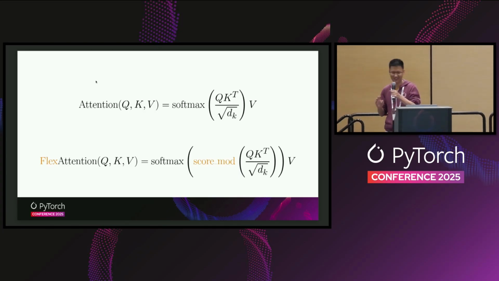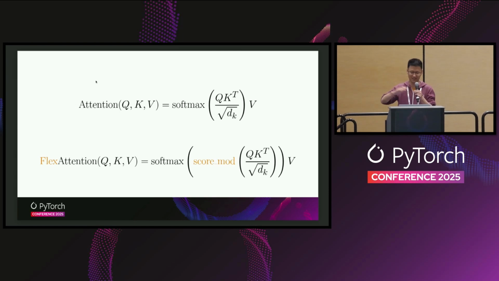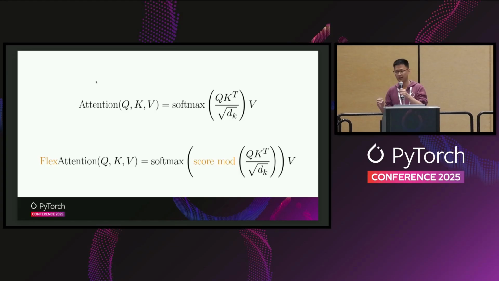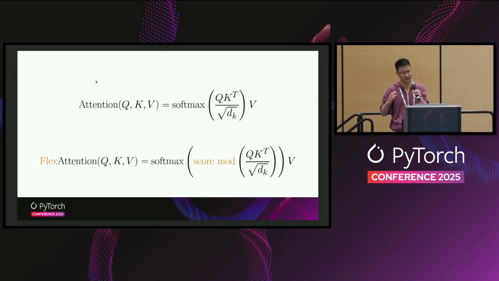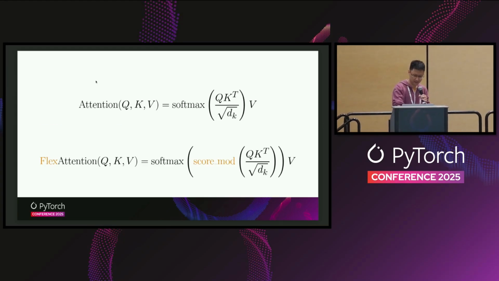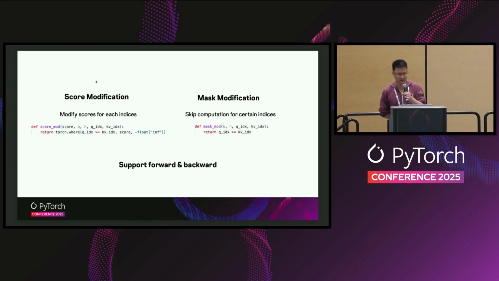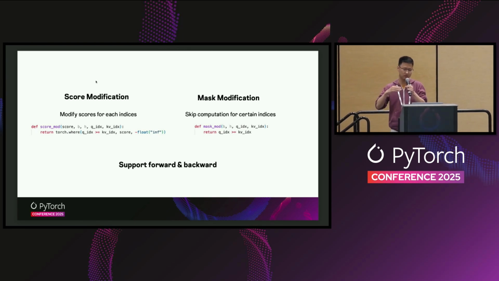So for attention, we have the QKV, then we have this computation, QK transpose, to get the score matrix and the softmax, right? So this is the attention. And for flex attention, we allow a score mod on this score matrix so you can modify it in whatever way. And most of the attention variants can be simply expressed in this score mod. So flex attention basically has a score modification.